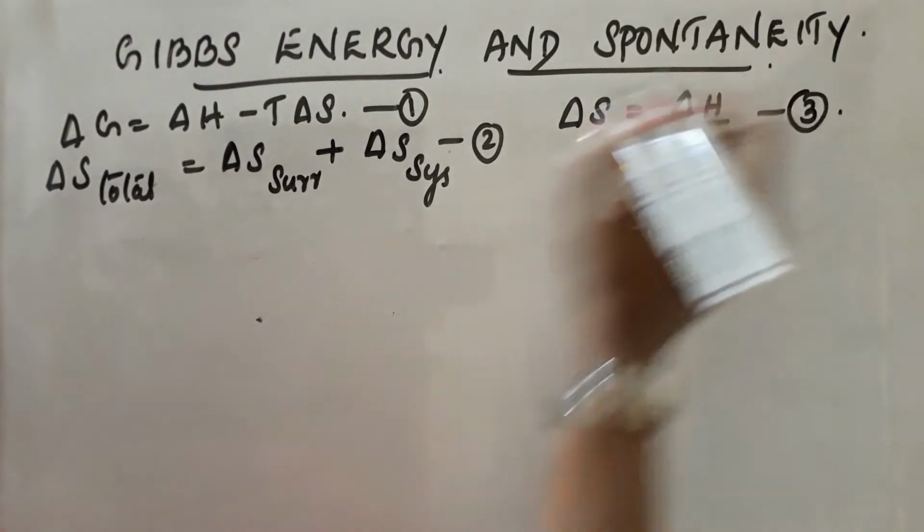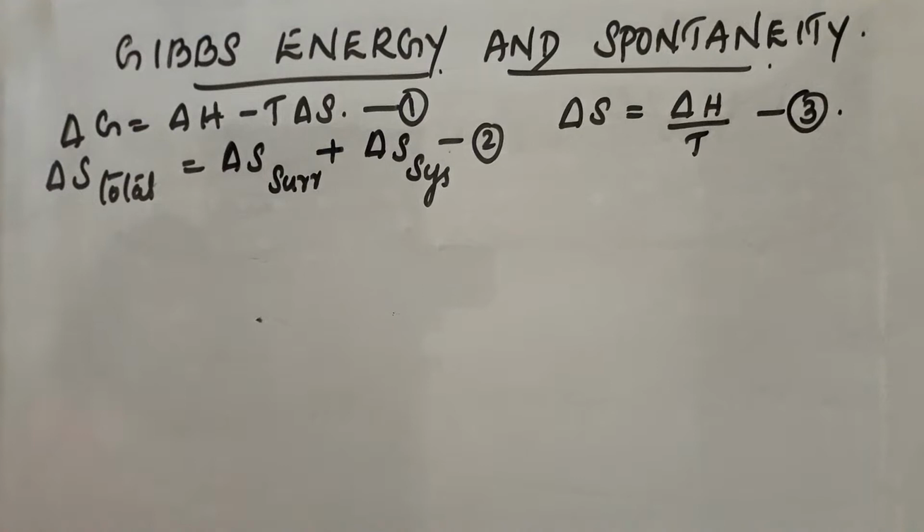Now, at thermal equilibrium, what happens? At thermal equilibrium, the system is in thermal equilibrium with the surroundings. So the temperature of the system and surroundings will be the same. What about delta H, or change in enthalpy?